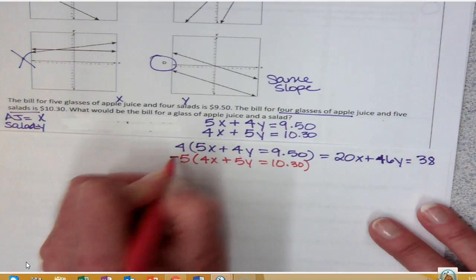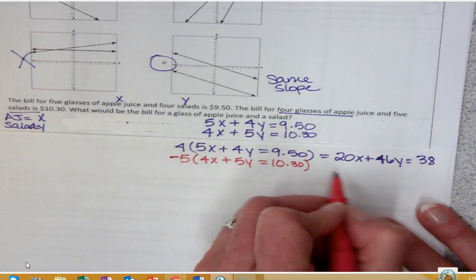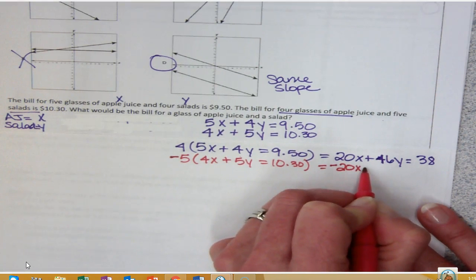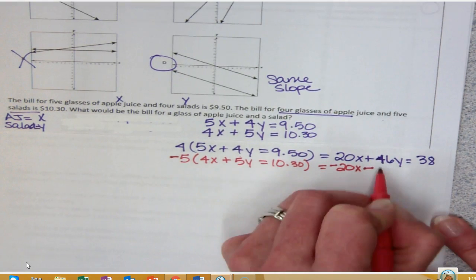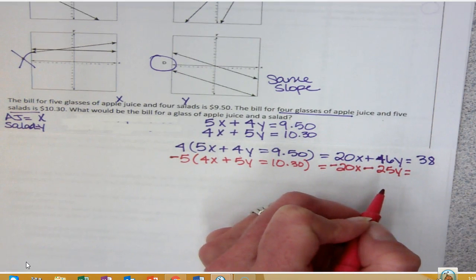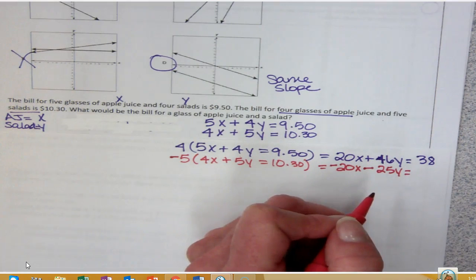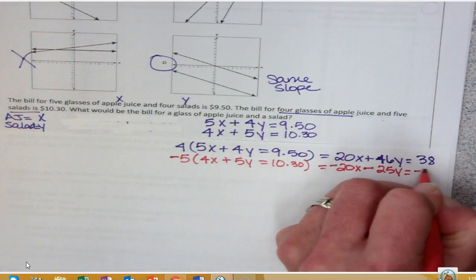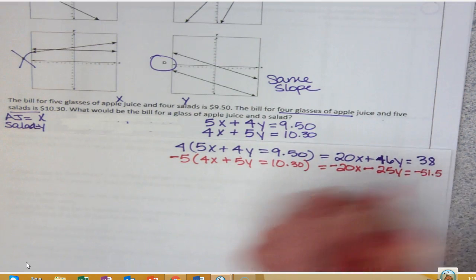So I need to multiply by a negative 5. When I do that, I get negative 20x minus 25y equals 10.3 times negative 5 is negative 51.5.